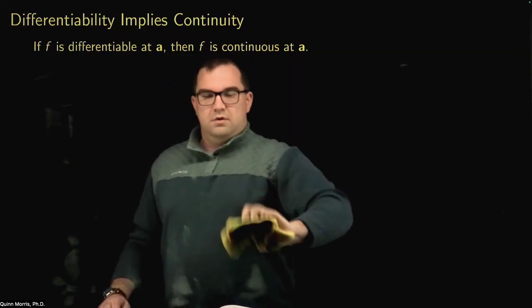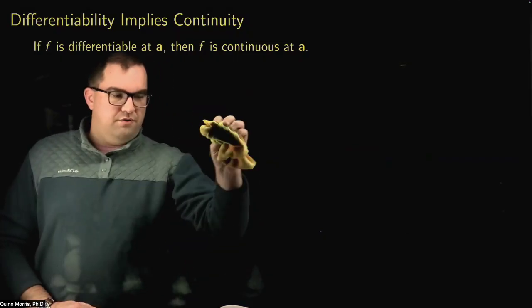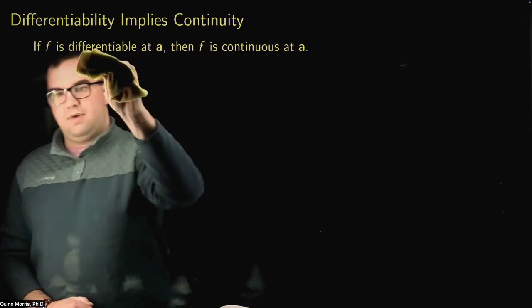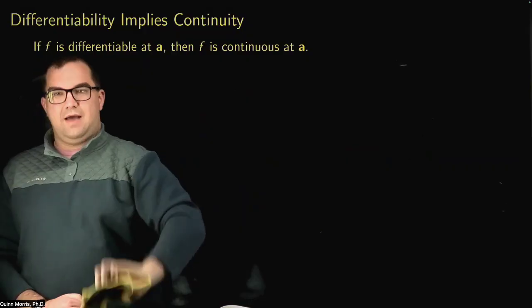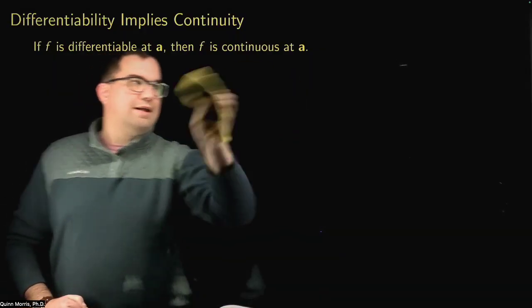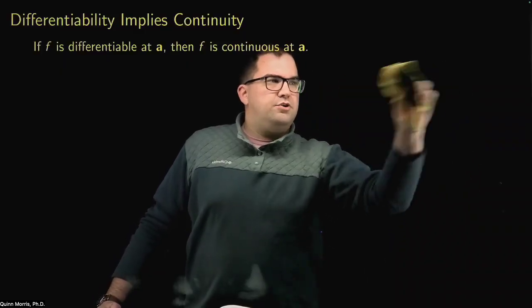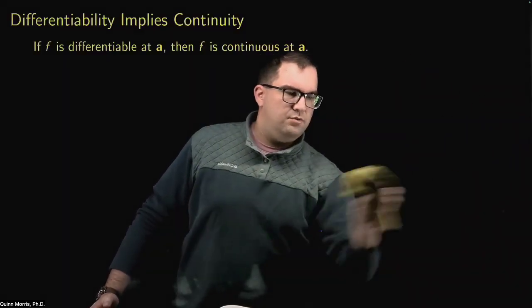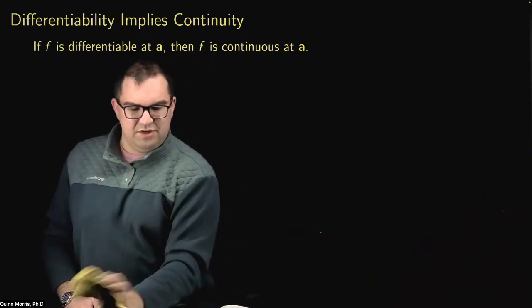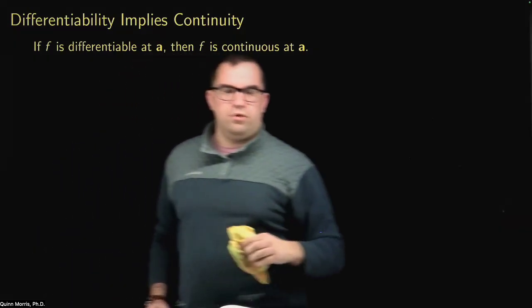So now that we have a notion of differentiability, we might want to start thinking about, okay, how do I calculate these things? In order to do that, though, this definition formally is a little difficult to work with.